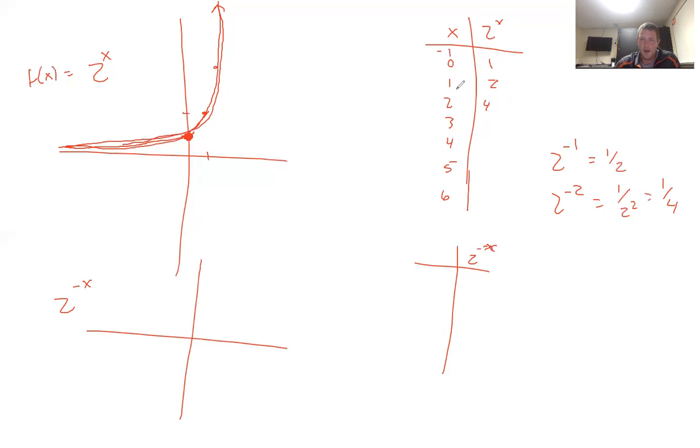At 1, you'd be 2 to the negative first, which is 1/2. We had that there. 2 would be 1/4. But at 0, it's still 1. So this point still exists, except now, see how we just flipped this graph? So now it technically looks like this. Notice, if it's negative, it's going down. If it's positive, it's going up. That'll help you when you start talking about multiple choice problems.